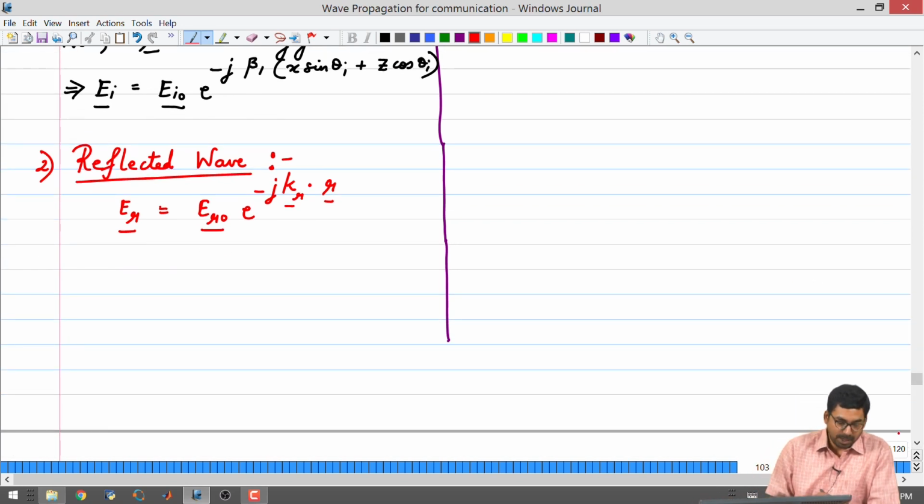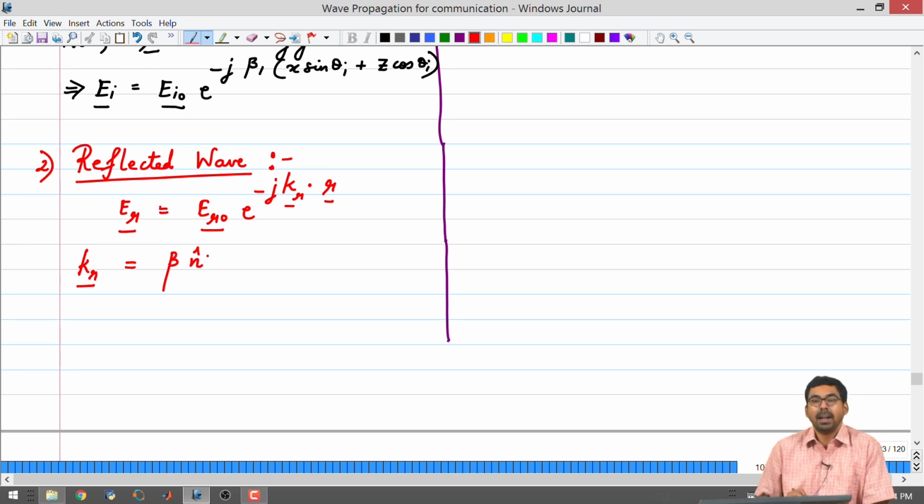Once again, what we can do is say that k r is simply the phase constant beta multiplied with some n hat, where n hat is the unit vector in the direction of travel of the reflected wave. So, it is going like this, in the configuration. Which means that effectively I have to figure out the components of n hat, n x, n y and n z.